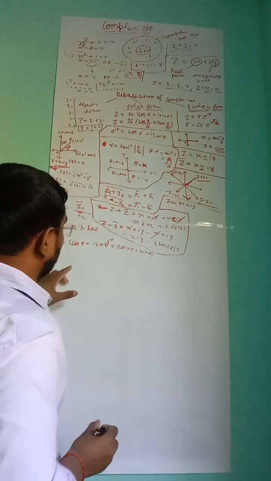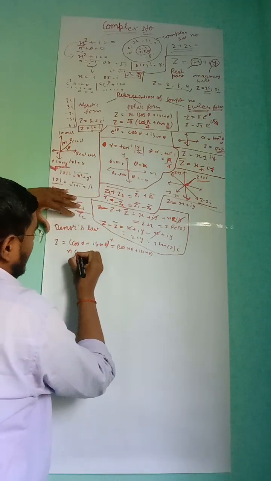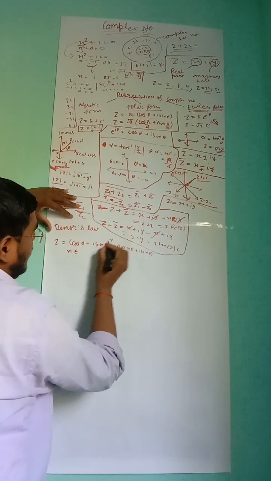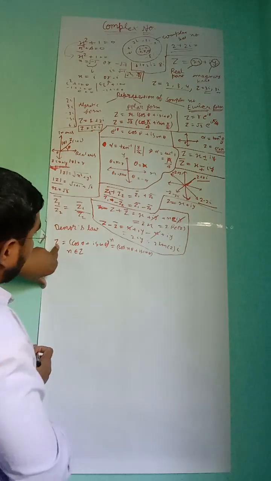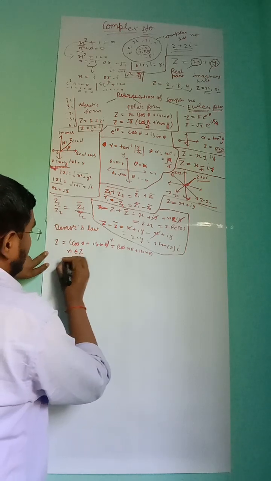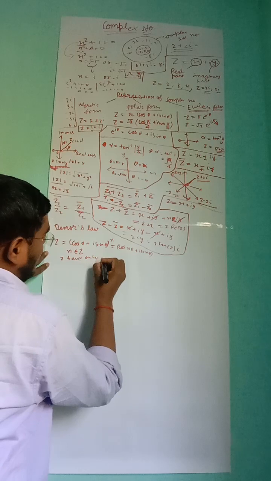Now understand what is the twist here. If n belongs to the set of integers, then z has only one value.